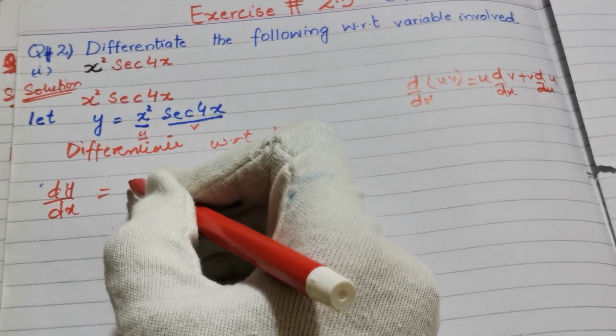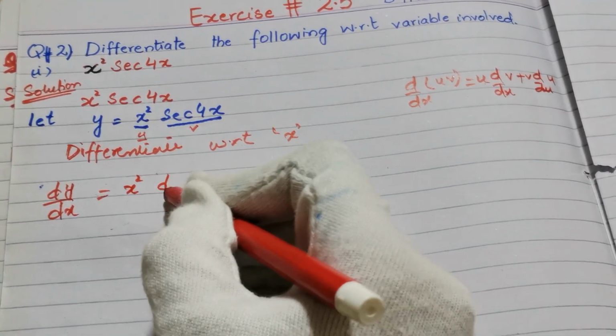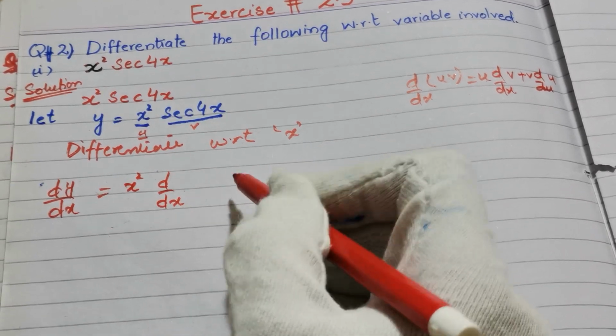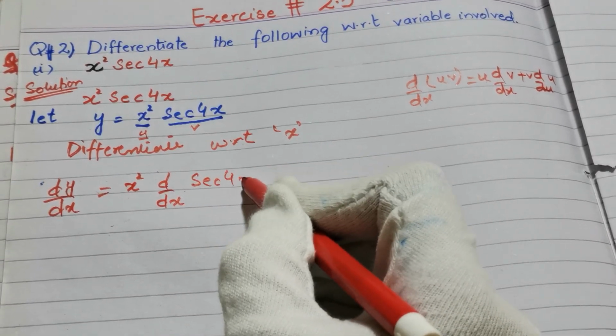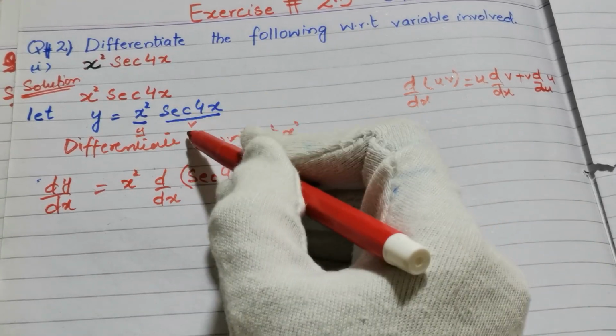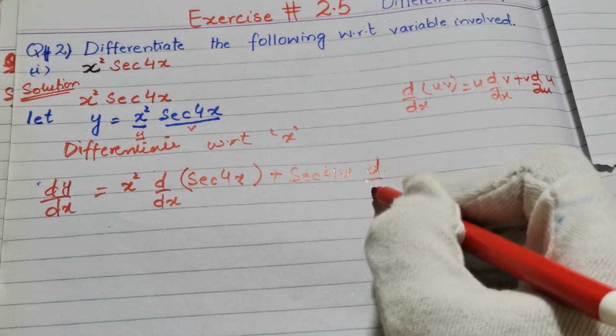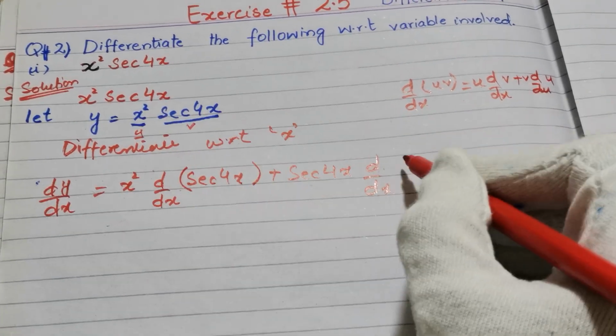We consider this term as u and we consider this term as v. So u is x square, derivative of secant 4x, plus v is secant 4x and derivative of u, x square.